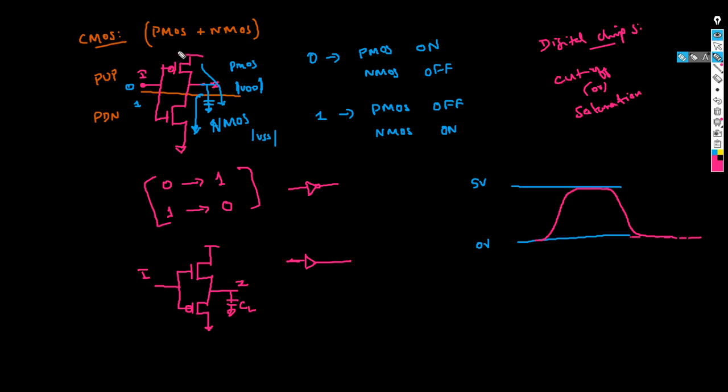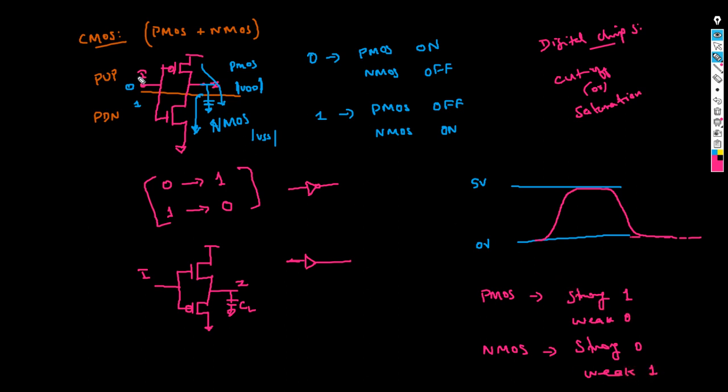In this case, when you use PMOS on the top, remember this particular thing: PMOS gives you strong 1 and weak 0, and your NMOS gives you strong 0 and weak 1.